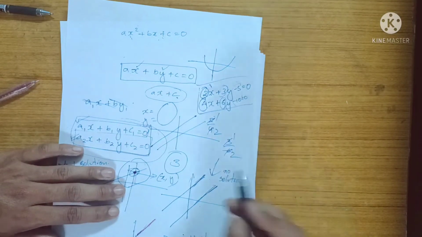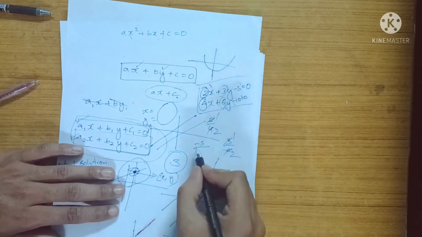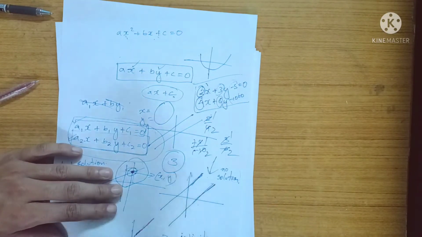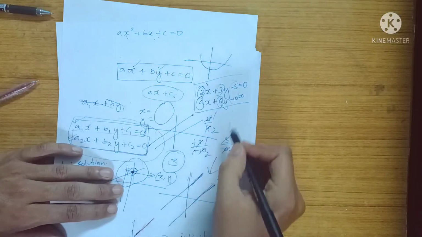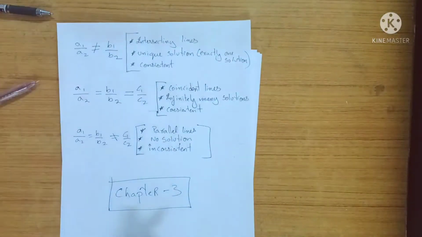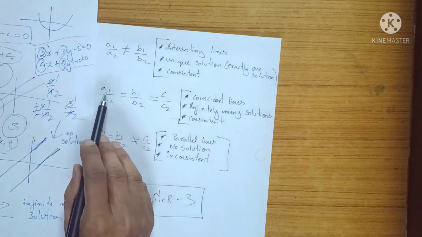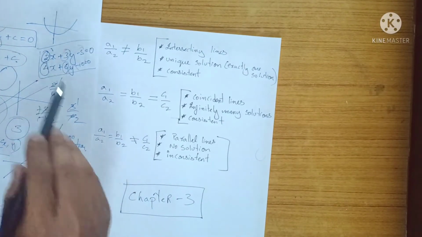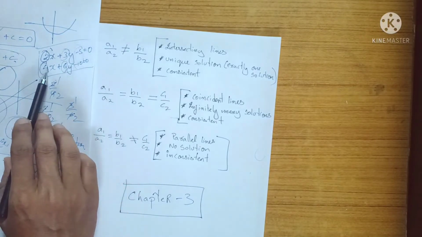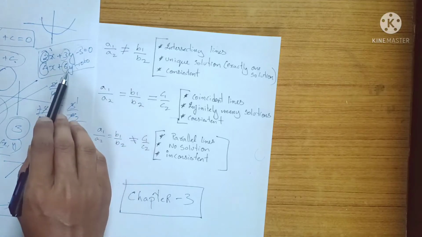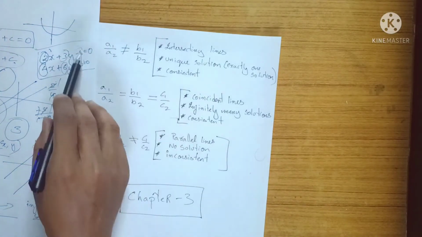Then take the constants, divided, we're getting 1 by 2 again. So a1 is the number attached to x, a2 is the number attached to this x, b1 attached to y, b2 attached to this y, and then the constants.